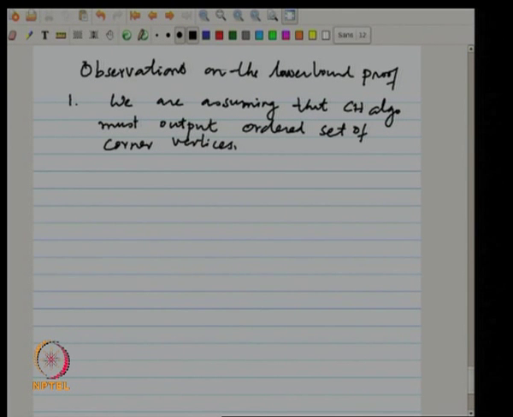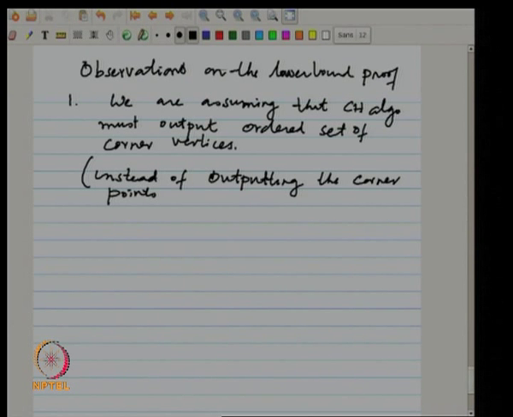If I did not have this constraint, suppose I was only interested in outputting the corner points in any order.